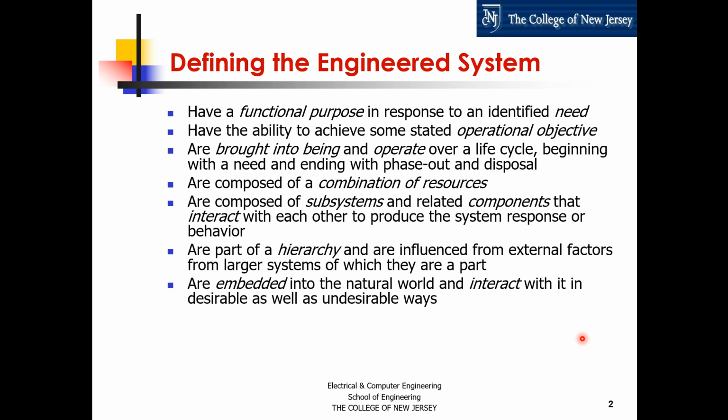So they're also composed of a combination of resources. We said that, and this is broader than just components because the next bullet talks about subsystems and components that interact with each other. So that's really tightly coupled with the definition of systems and the hierarchies of systems, both logical, functional, and physical. But a combination of resources is broader. So we're talking about the resources that need to come together to make this system realizable.